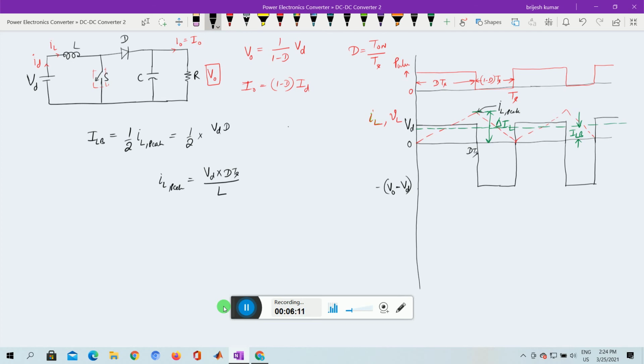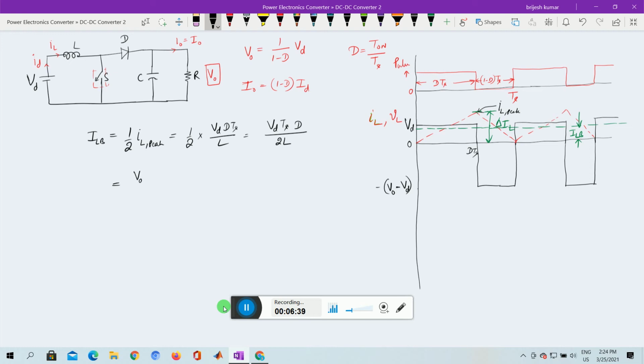VD or DTS by L, or this will be equal to VDTS D by 2L. Now this part we can remove. Now we can write in terms of VD, also we can write in terms of V0. Since V0 is a constant, we replace the value of VD as 1 minus D times V0.